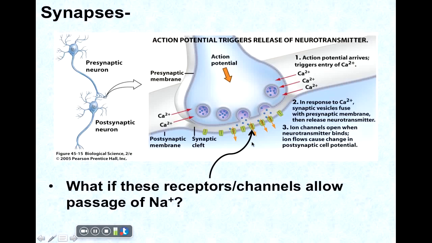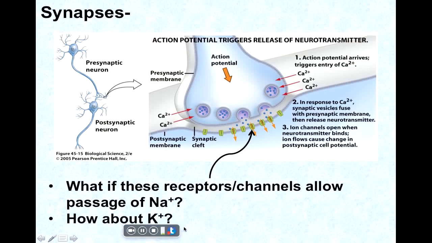Sodium would rapidly diffuse into this postsynaptic cell, thereby tending to cause it to depolarize or potentially generate an action potential. On the other hand, what if neurotransmitters are released that bind to receptors that, when open, allow the specific diffusion of potassium? In that case, potassium would diffuse out of this postsynaptic cell, which would tend to lower the membrane potential, essentially tending to prevent the postsynaptic cell from generating an action potential.